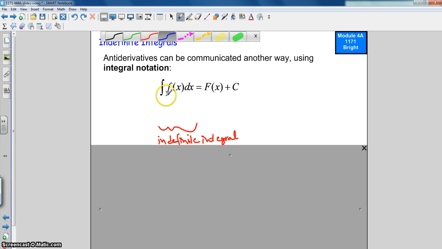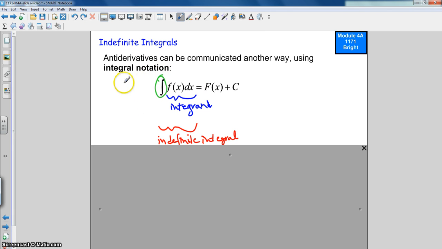The thing inside this symbol that looks like a curly S is what we call the integrand, what we are determining the integral of, essentially, or determining the antiderivative of. And this symbol that looks like an elongated S is called the integral.